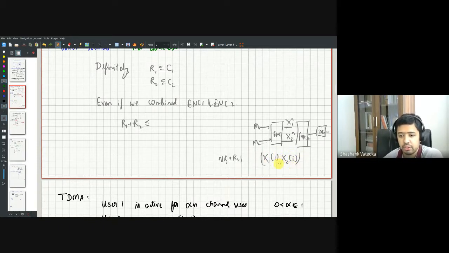Correct? So this is your kind of super symbol. Let's call it X bar of i. So you're transmitting X bar of i in each channel use, and you're seeing a Y of i at the output in each channel use, right? So what can you say about R1 plus R2?